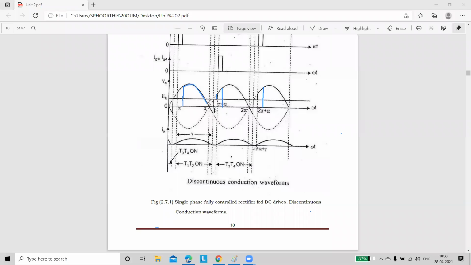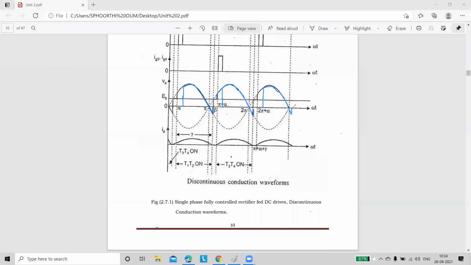Up to beta one portion comes, then after leaving some part, the firing angle gets activated. Just observe the waveform drawn by me. Is it right? Will you get the waveform like this or not? Exactly, ma'am.